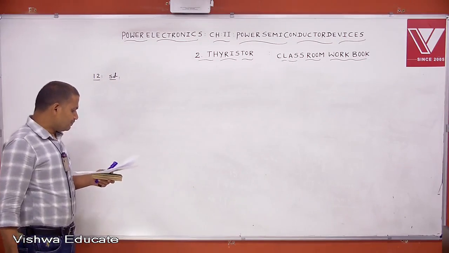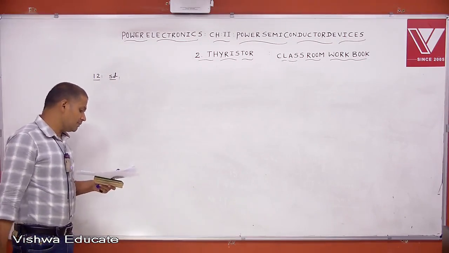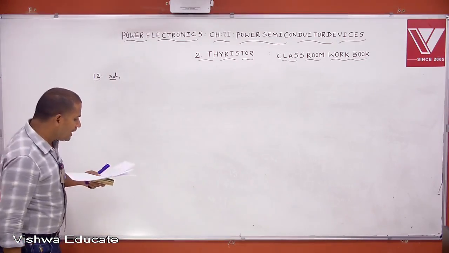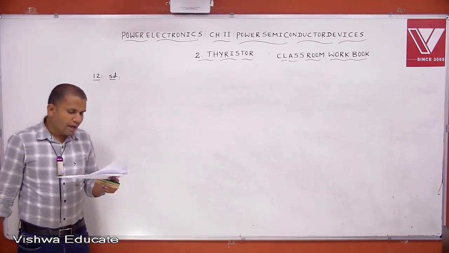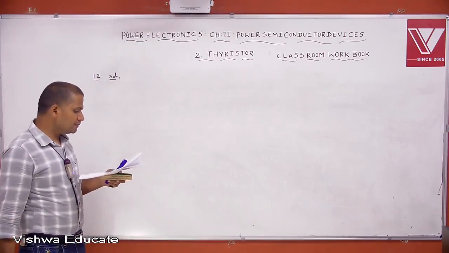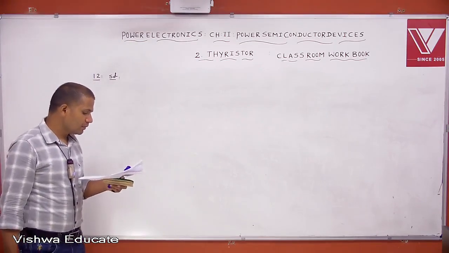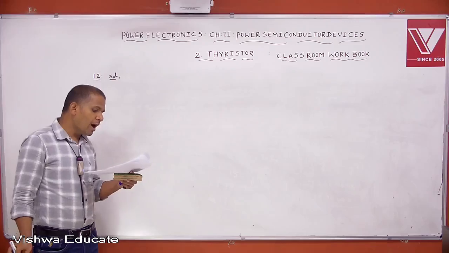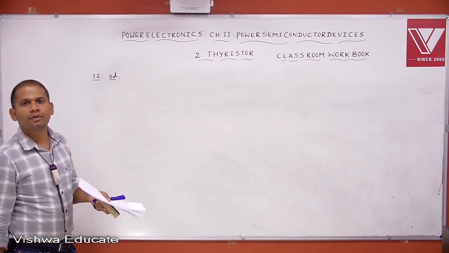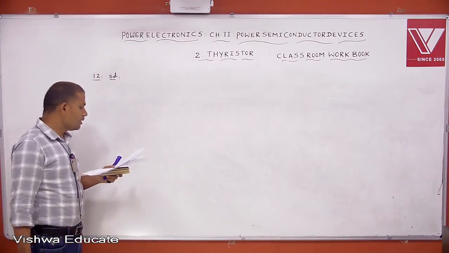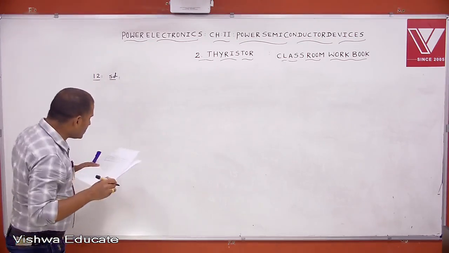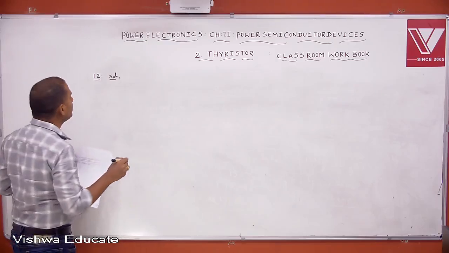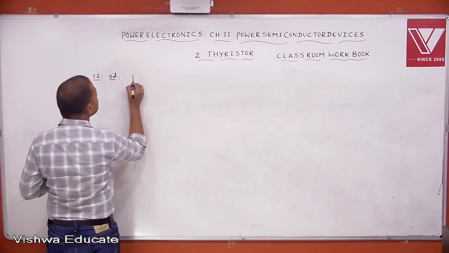Yes. For an SCR, maximum gate power dissipation is 50 watts and average gate power dissipation is 5 watts. Compute the mark to space ratio. Simple question. For an SCR, maximum gate power dissipation, that is PGM, is given.